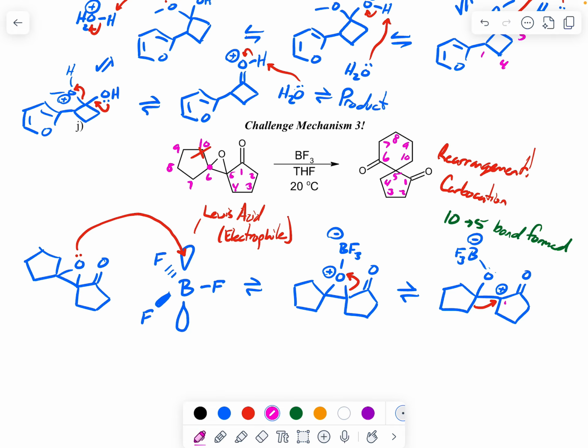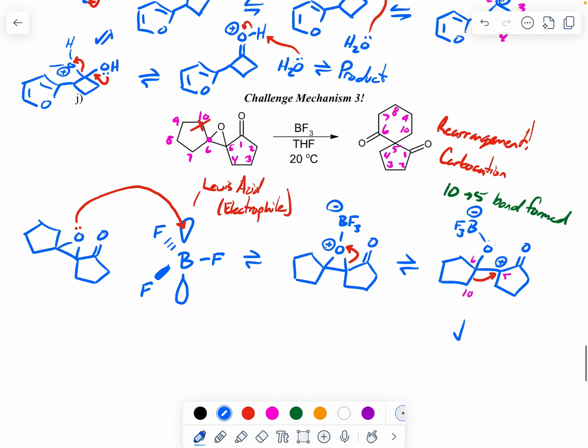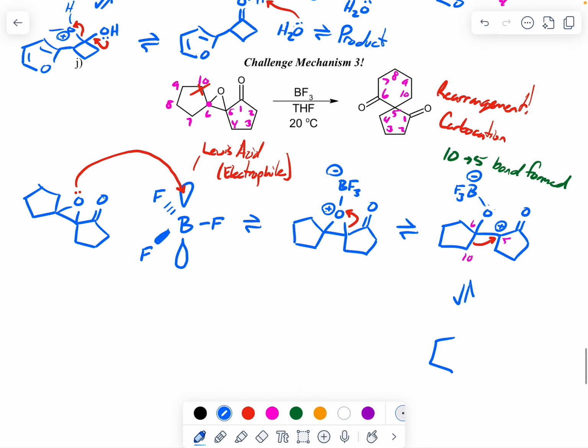So this is where we have carbon number 5 connecting to carbon number 10, and this is breaking the 6-10 bond. So we end up now with our 6-membered ring that is connected to our 5-membered ring. The other thing that we can see is that what we had labeled as carbon number 6 should now have the positive charge.